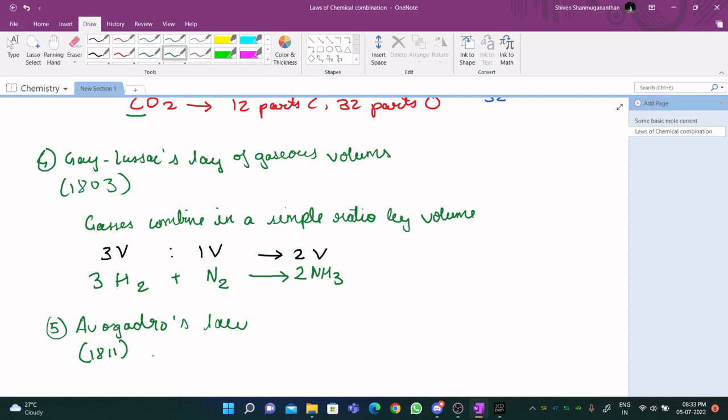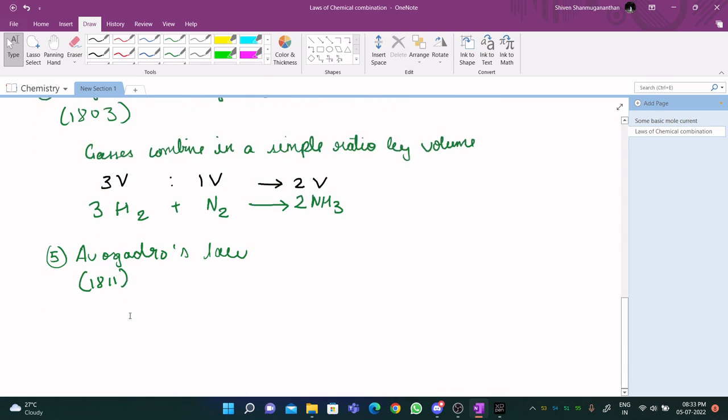It states that equal volumes of all gases under similar conditions of temperature and pressure would contain equal number of molecules. So let me write that statement here.